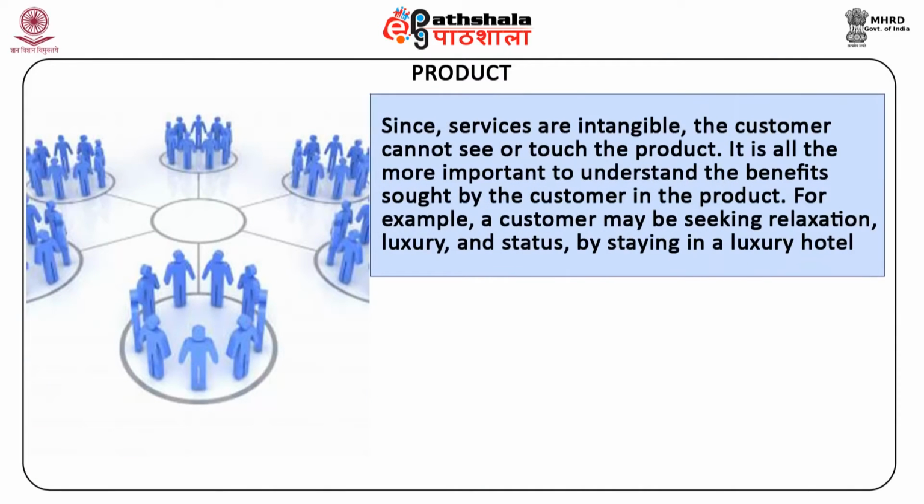Product. Since services are intangible, the customer cannot see or touch the product. It's all the more important to understand the benefits sought by the customer in the product. For example, a customer may be seeking relaxation, luxury, and status by staying in a luxury hotel.